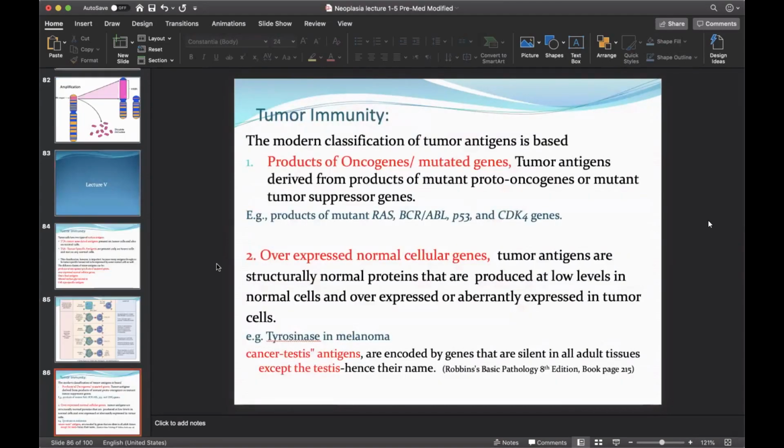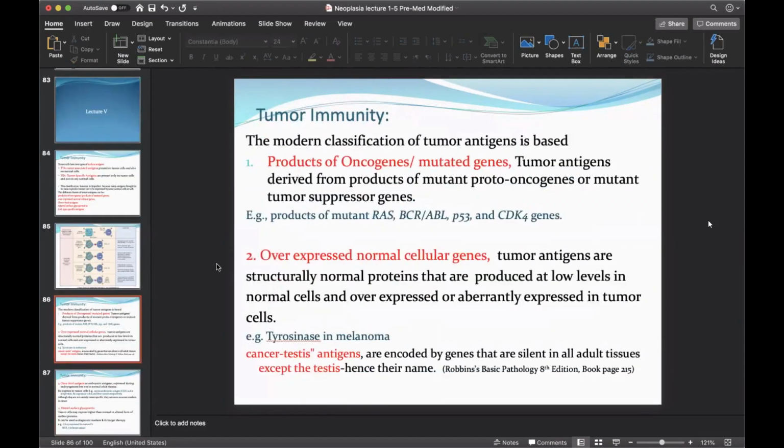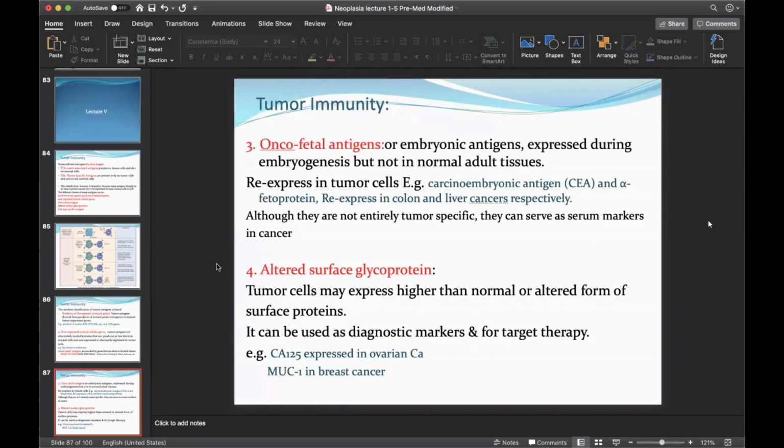The modern classification of tumor antigens is based on the product of the oncogene or overexpressed normal cellular genes such as tyrosinase in melanoma, or oncofetal antigens such as alpha-fetoprotein or carcinoembryonic antigen, altered surface glycoproteins such as MUC1 and CA125. Of course, these are not all specific to the cancer cell. They can also be seen on normal cells.